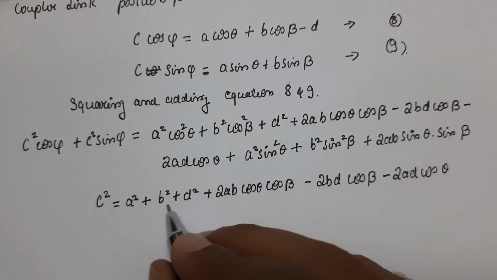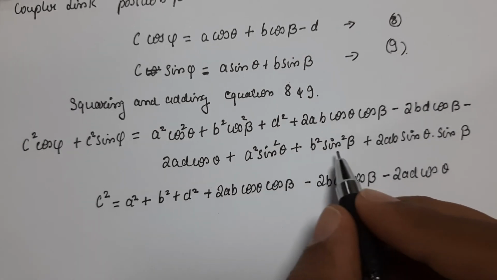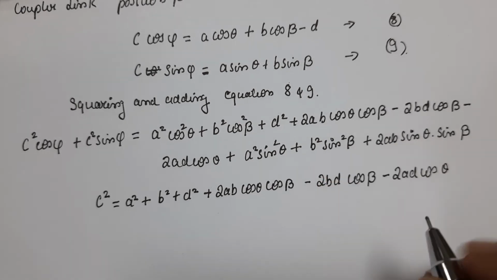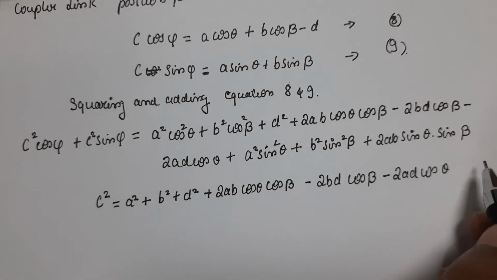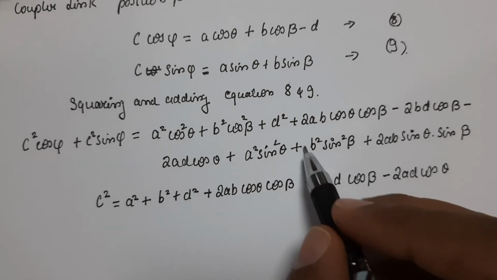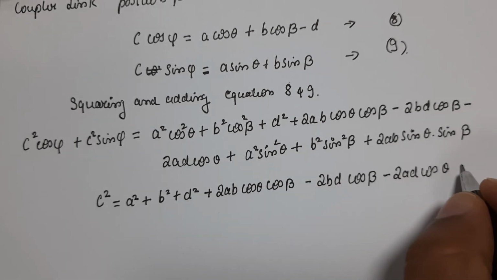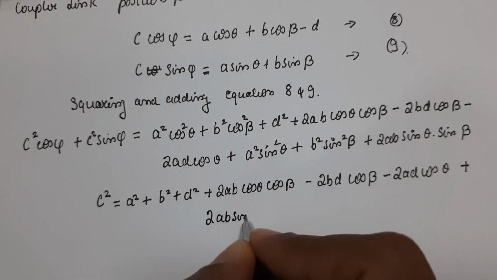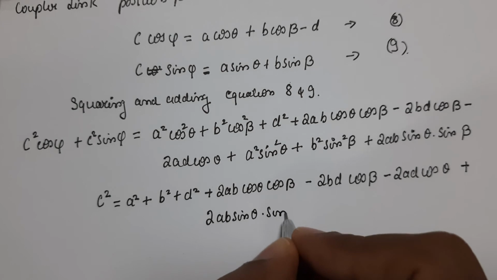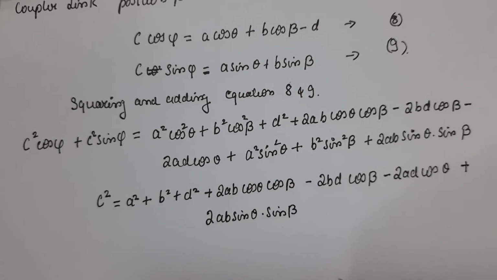So this is already written over here, sin square plus cos square, this thing is done. So plus 2AB sin theta into sin beta.